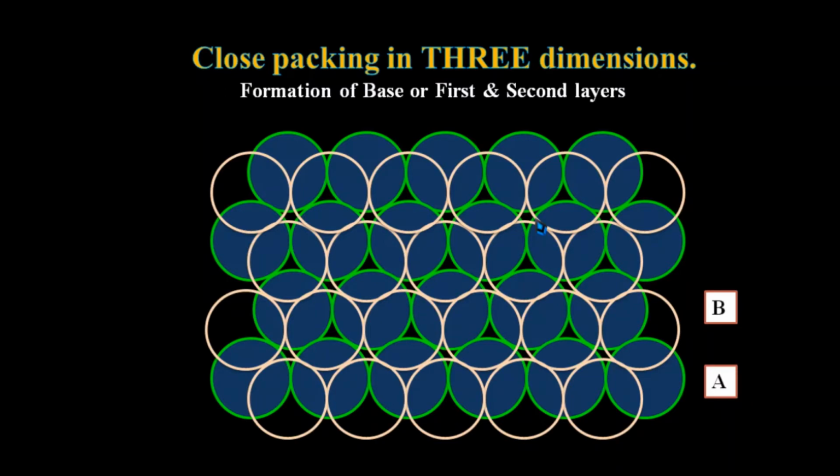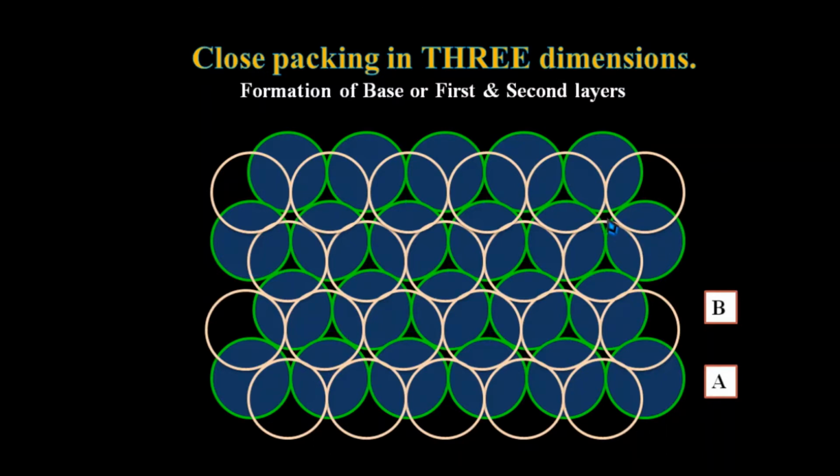In the second layer, again, two types of voids are formed which are not similar: triangular voids and double triangular voids. These are triangular voids, and these, which look like a star, are the double triangular voids. That means there are two types of voids, triangular voids and double triangular voids.